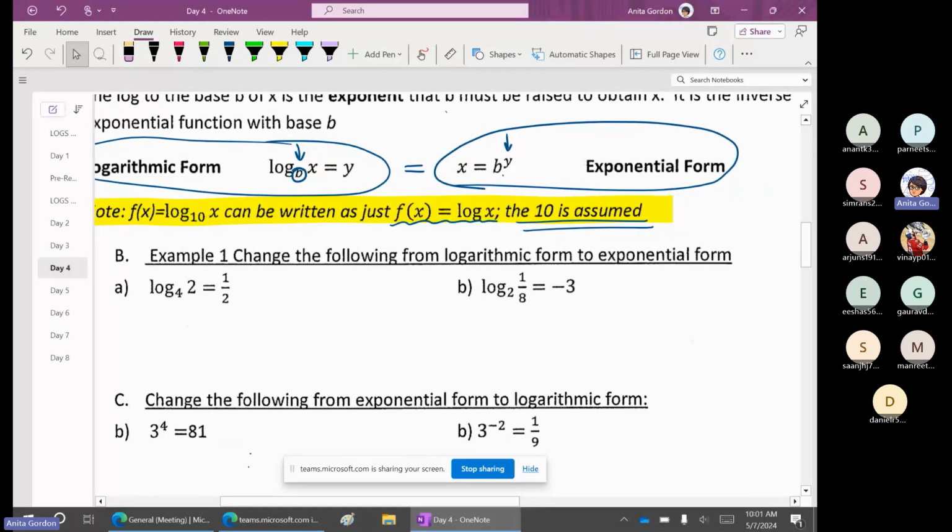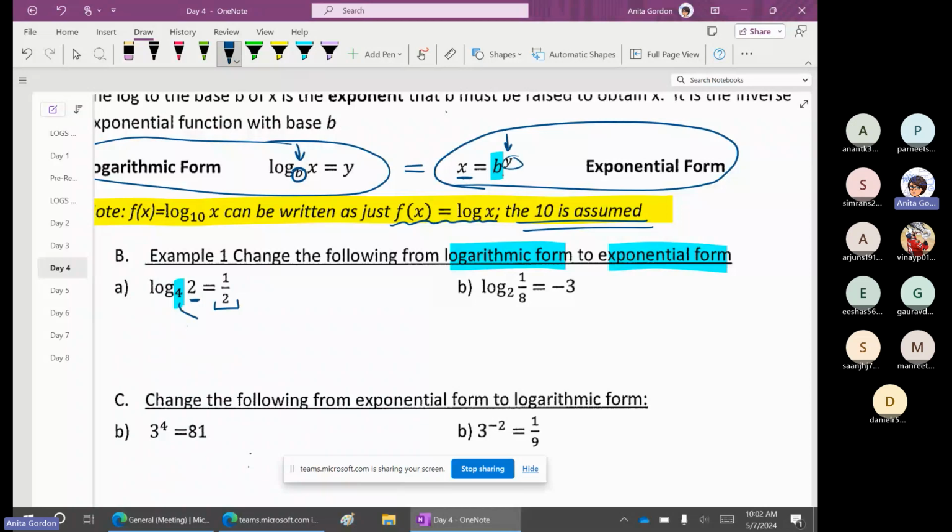In the first example, it says change the logarithmic function into an exponential function. So remember that the base of the log is the base of the exponent. The inside of the log will stay, and whatever's on the other side of the equal sign becomes the exponent.